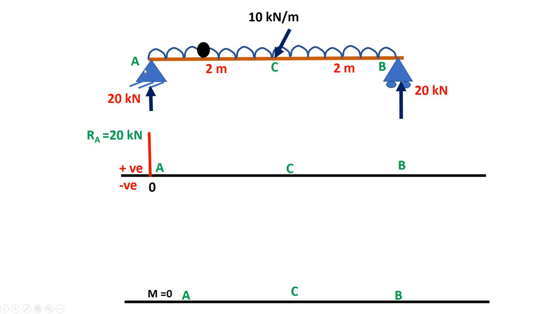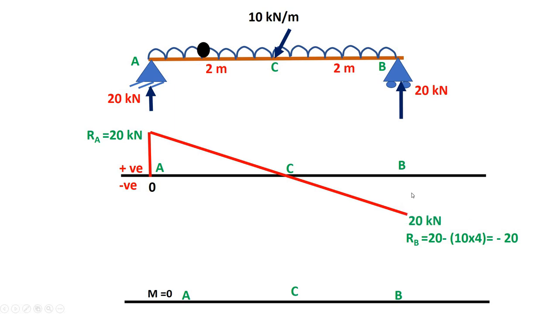So here the shear changes from 20 to minus 20. How is it? 20 upwards minus 10 into 4, that is the UDL, 20 minus 10 into 4, that will be minus 20, right? Again we have a positive 20 over here, so finally the value is 0, right?